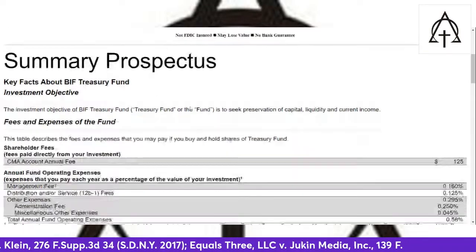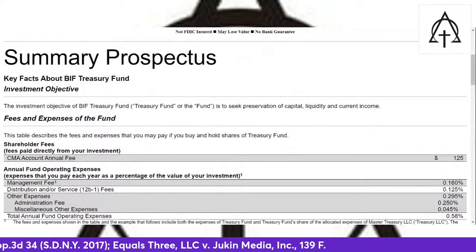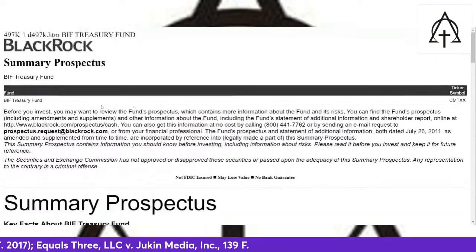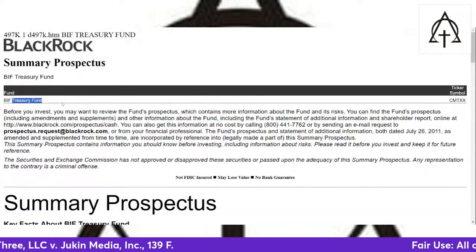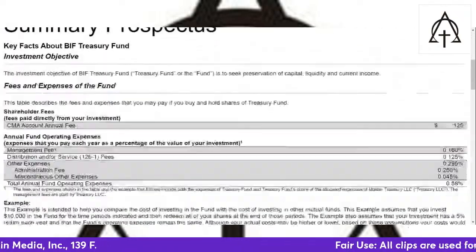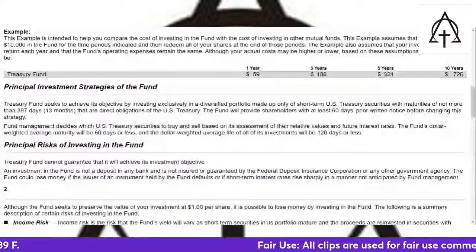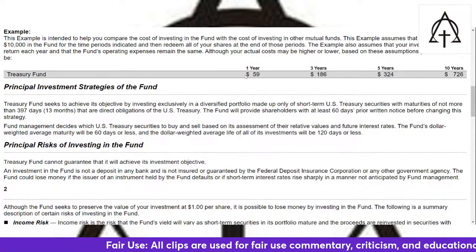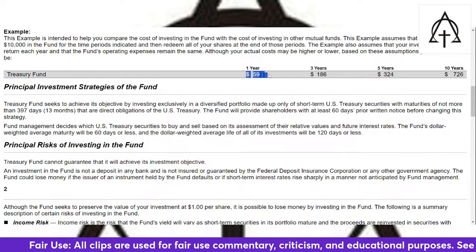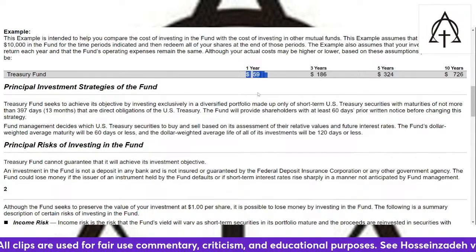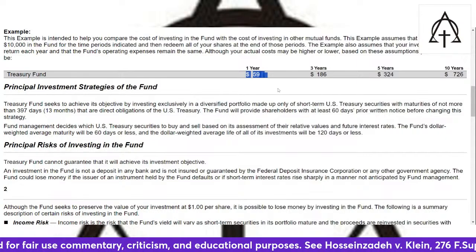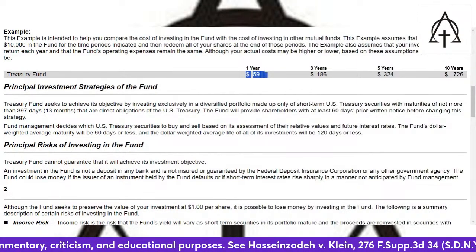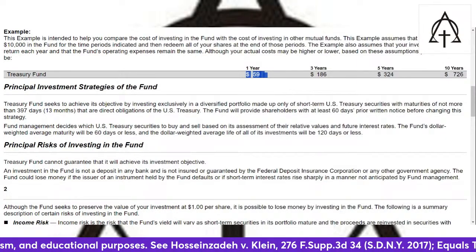Okay. It's BIF, Bank Insurance Fund, Treasury Fund. Treasury Fund, $59 a year. Interesting stuff.